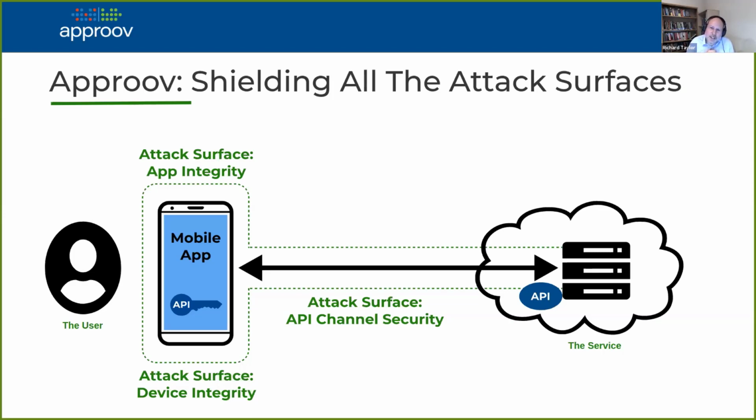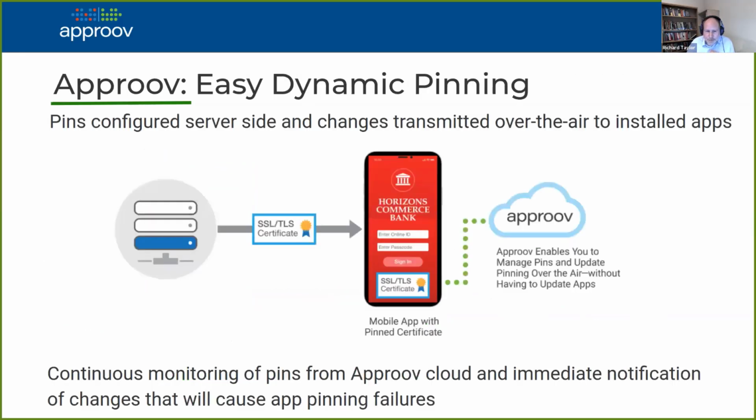That includes the integrity of the app, proving at runtime the integrity of the app, and the device integrity, especially making sure there isn't a framework like Frida running on the device, and also checking the integrity of the communication channel, which is really where the pinning aspect comes in. Approve has always built in pinning into the way it works, but actually we have a mechanism which enables dynamic pinning, which I'm going to talk about.